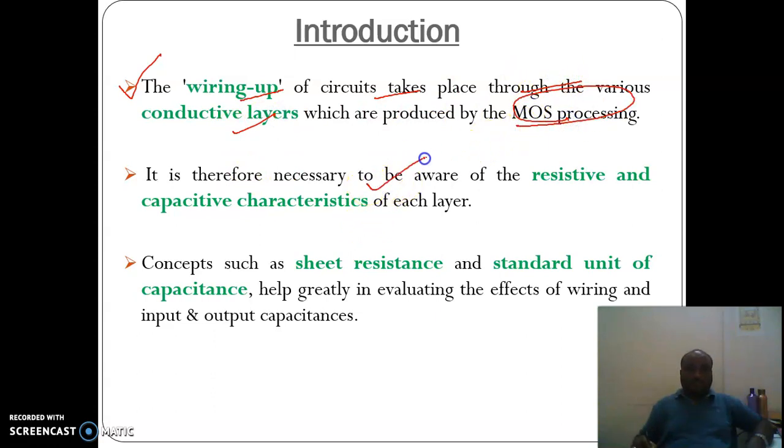So we should be aware of resistive and capacitive characteristics of each layer for electrical analysis. In this scenario, the sheet resistance and standard unit of capacitance are the two important parameters which will be helpful in evaluating various effects of wiring, in which one of the effects is delay unit.